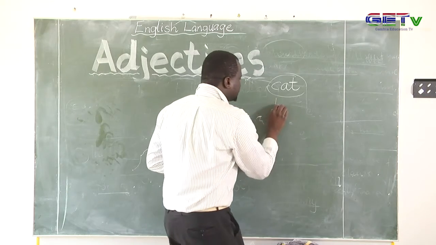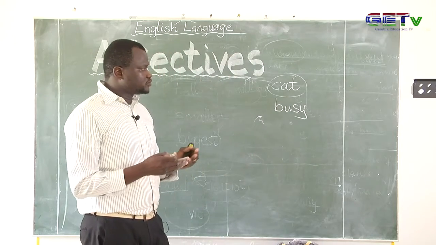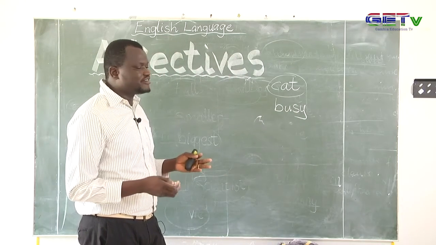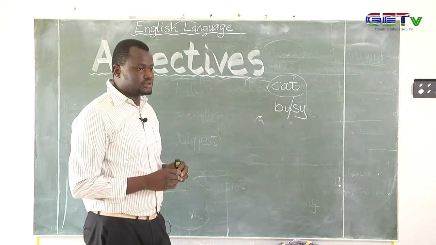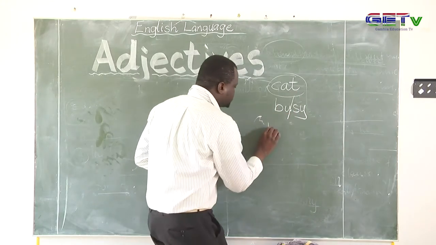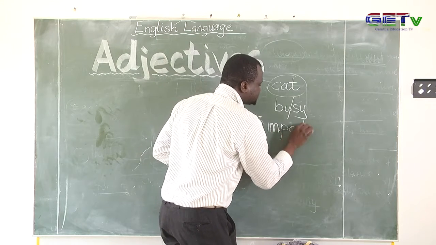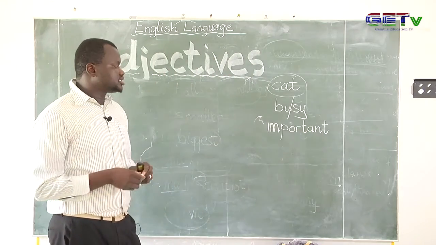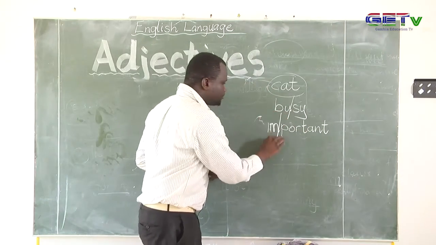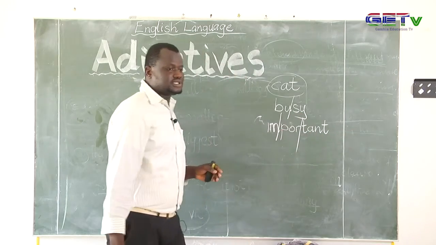When we say, for example, busy, here we have two units of pronunciation. We have two syllables, busy. And if you say, for another example, important, here we might have three syllables: im, por, and tant.